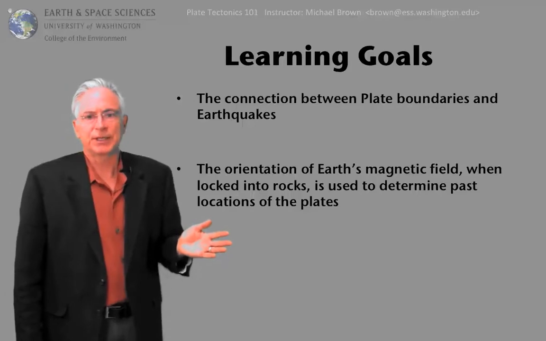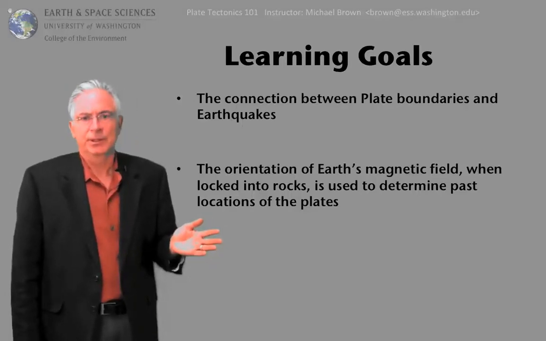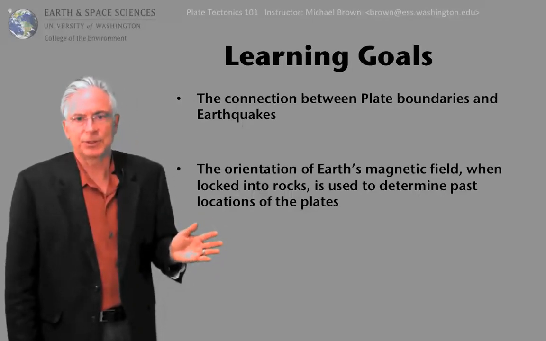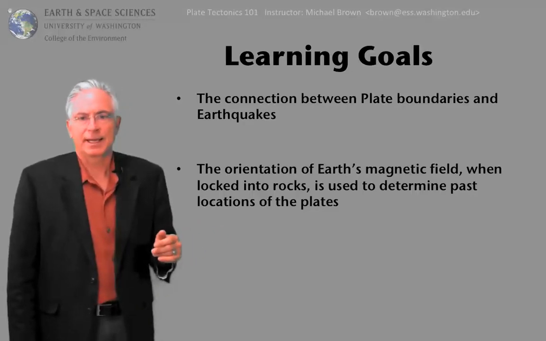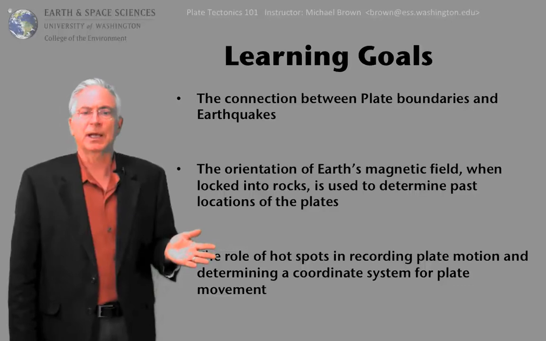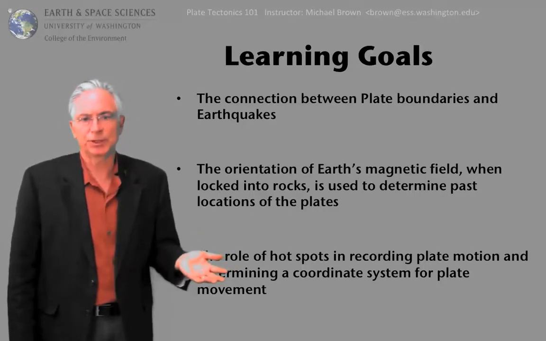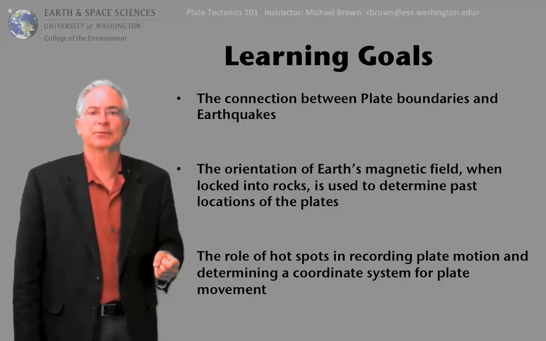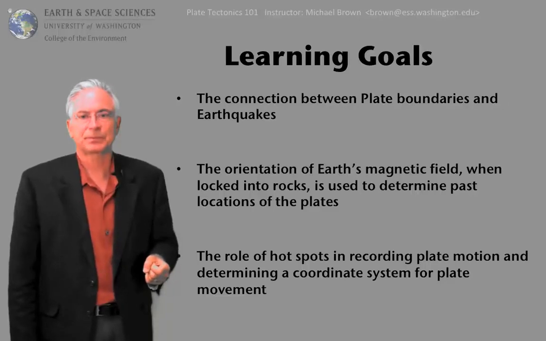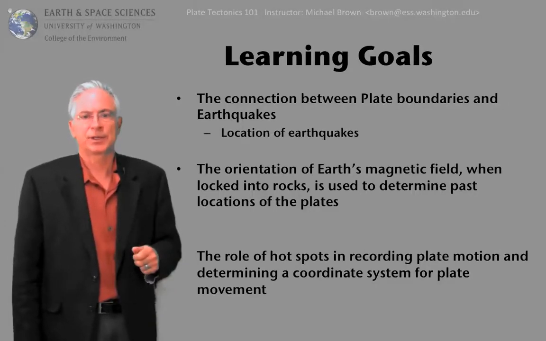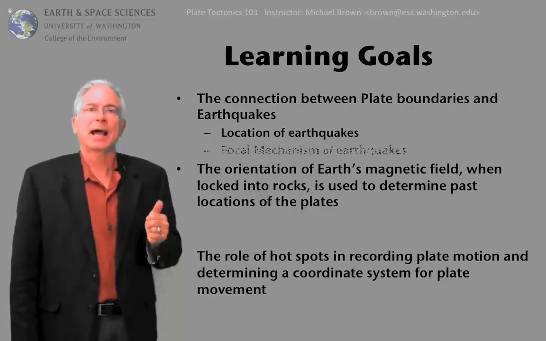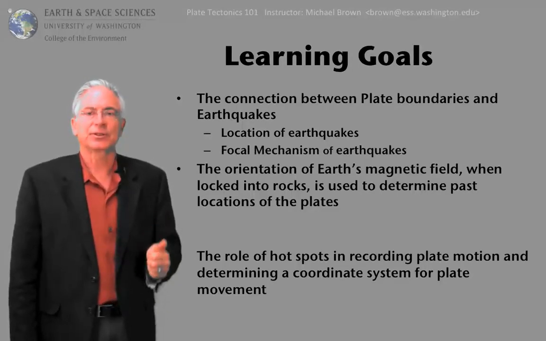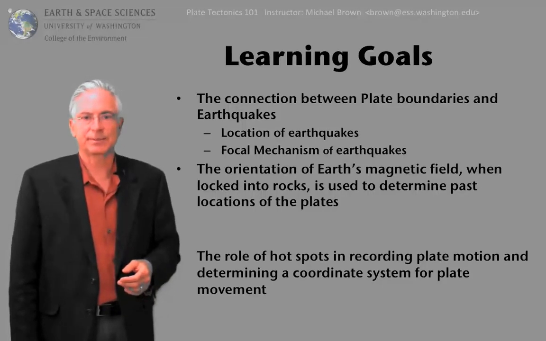Furthermore, the orientation of Earth's magnetic field when locked into rocks is used to determine the prior locations of the plates, and the role of hotspots in recording both plate motions and determining a coordinate system for plate tectonics. So, on earthquakes, we need to know something about the location of earthquakes and how the rock moves at the location of the earthquake, which is the focal mechanism.